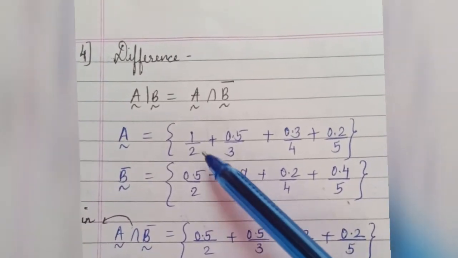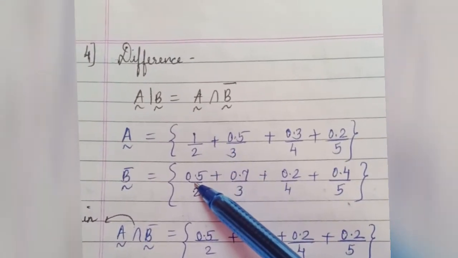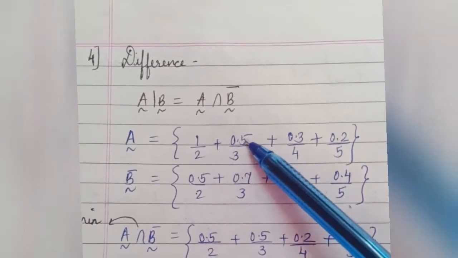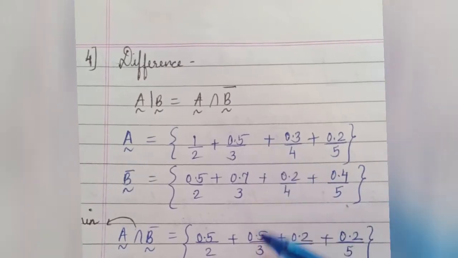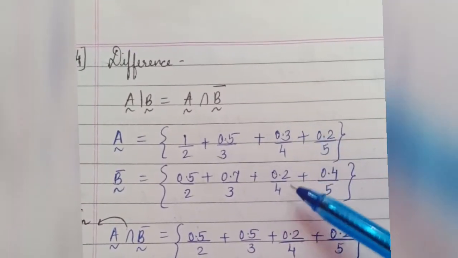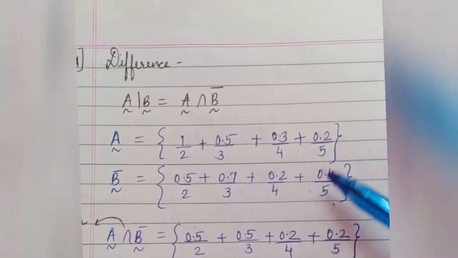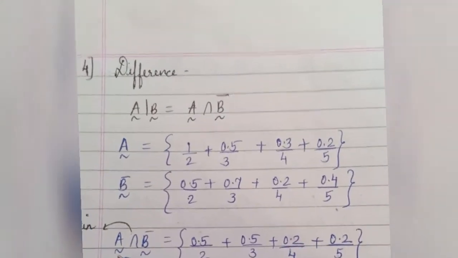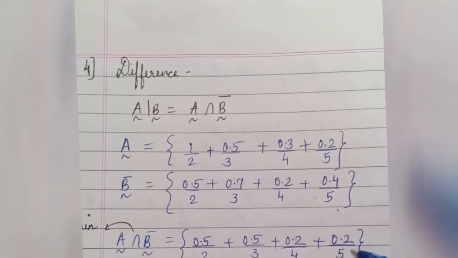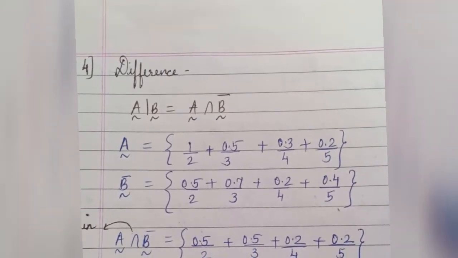Let's start. 1 and 0.5, minimum is 0.5. 0.5 and 0.7, minimum is 0.5. 0.3 and 0.2, minimum is 0.2. 0.2 and 0.4, minimum is 0.2. So this is the A intersection B complement set, that is A difference B.